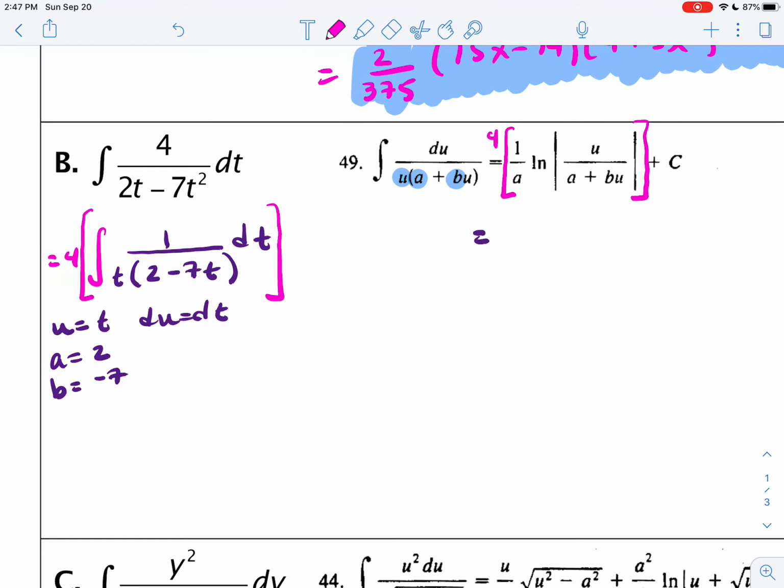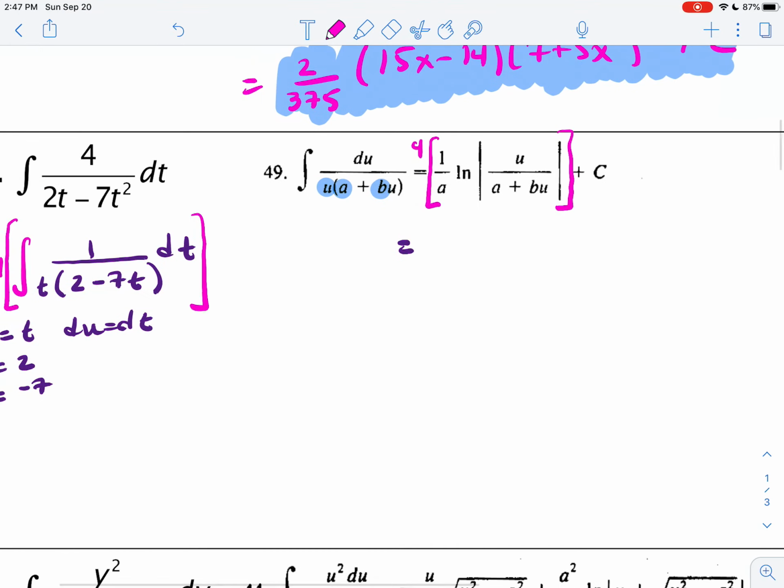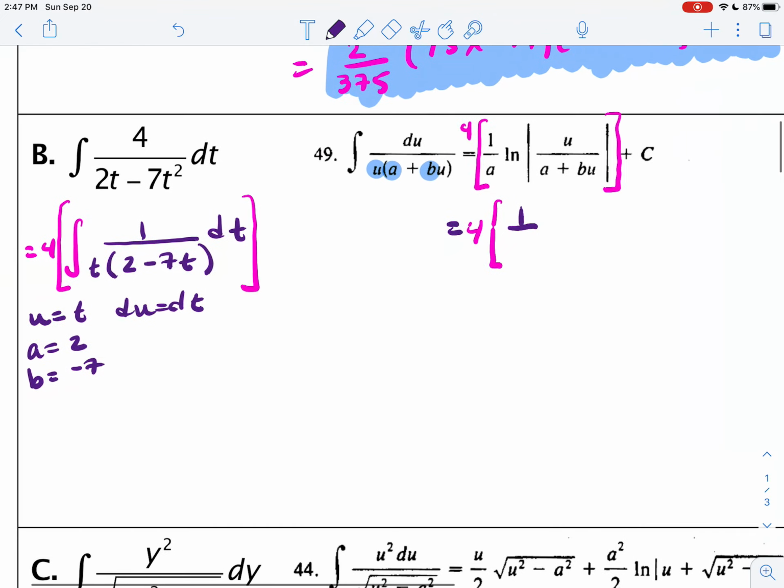You can go ahead and include the plus c in the multiplication times 4, but remember that c is an arbitrary constant, so 4 times an arbitrary constant is going to be another arbitrary constant. So we can just leave the c on the outside. I get 4 times 1 over a, and the value of a is 2, times the ln.